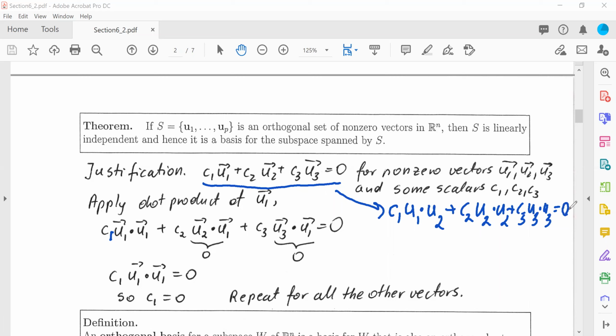Exactly the same: because they are orthogonal, those dot products must be 0.